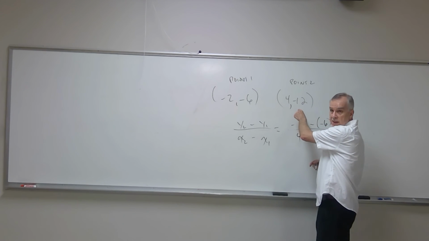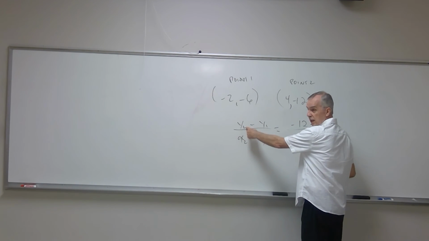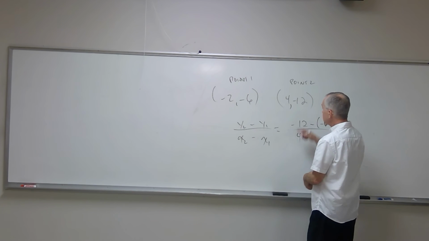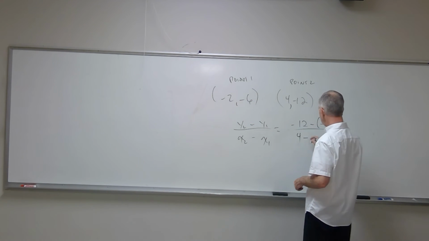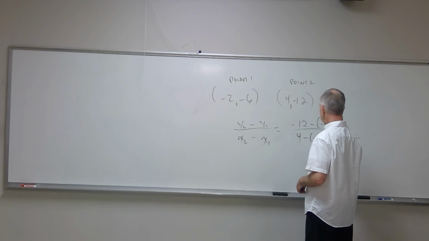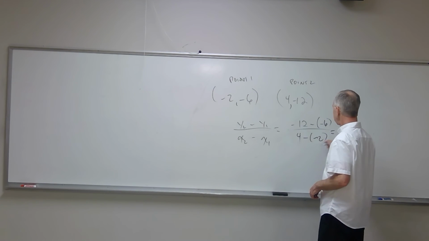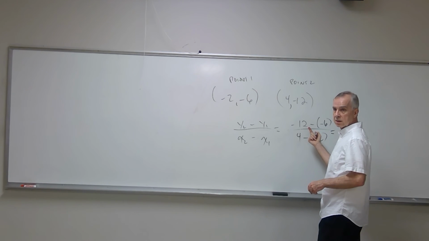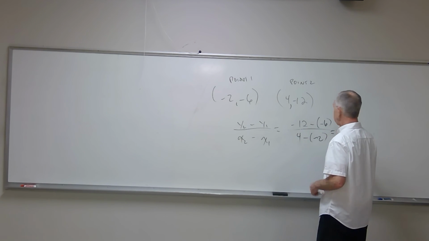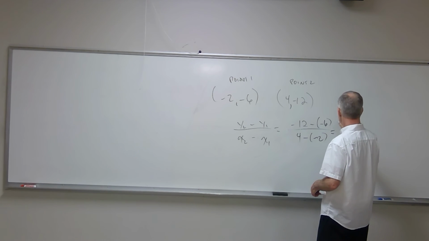These two have to come from the same point, that's point 2. So this is going to be 4 minus, again, minus a negative 2. So this becomes a positive 6.